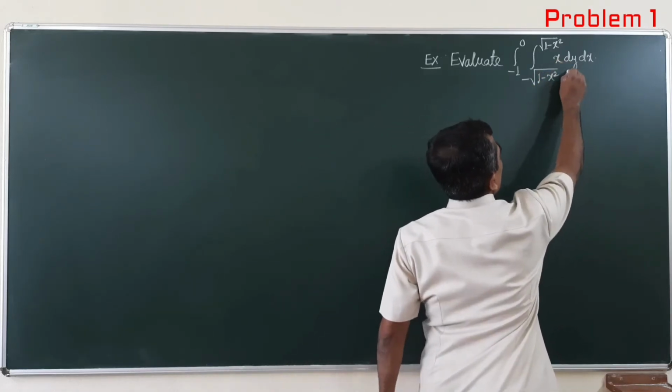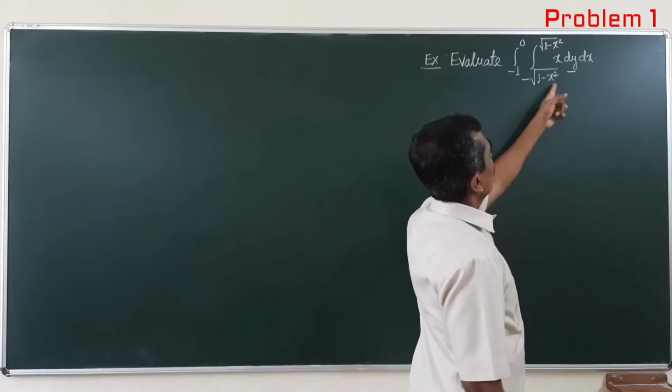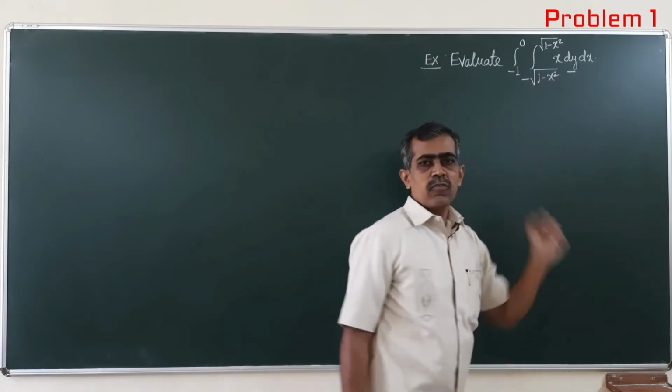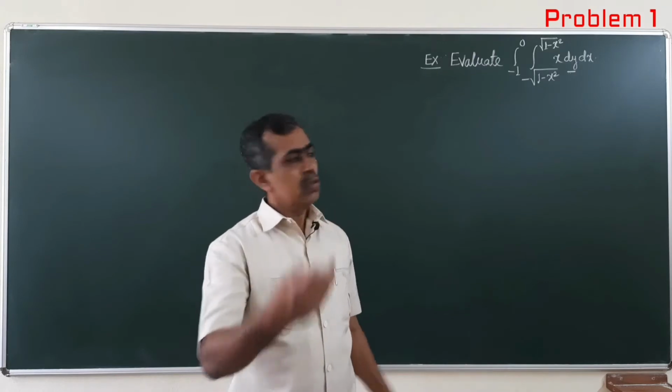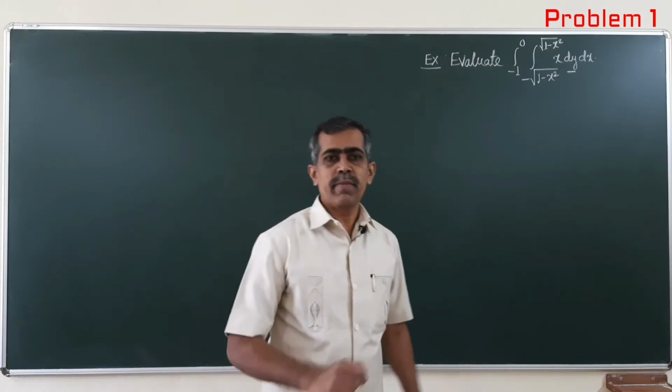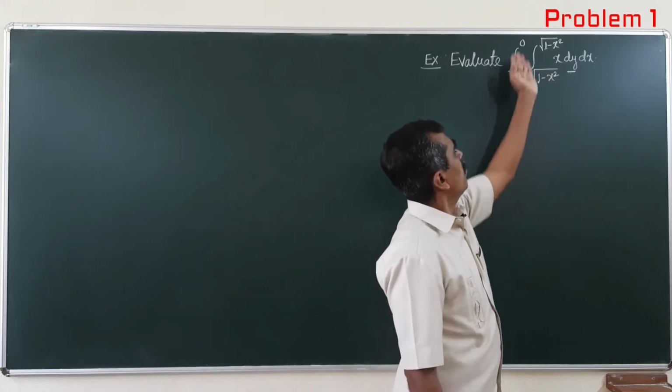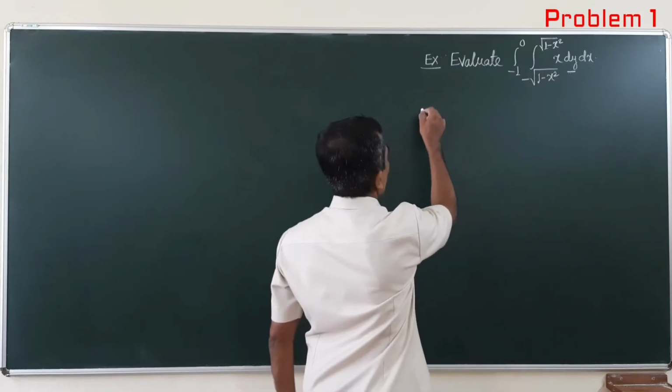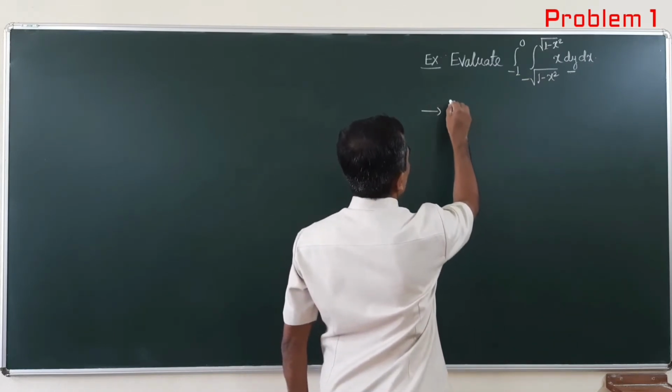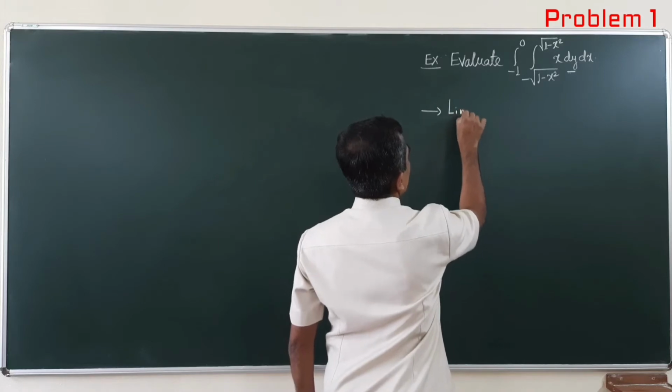So this is the integral with respect to y first. Limits of y run from minus root 1 minus x square to plus root 1 minus x square, and limits of x are minus 1 to 0. So first of all we will note the limits.